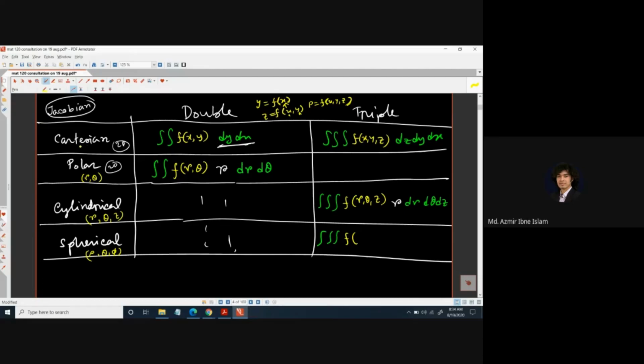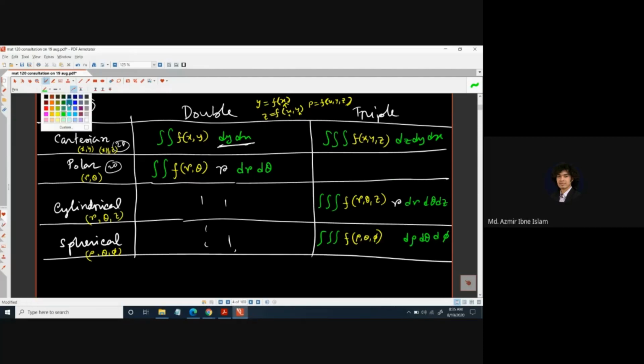And you know that in Cartesian coordinate system, if you have two dimensions, then x comma y is the representation for a point, and similarly x comma y comma z for a point in three dimensions. Since you have spherical coordinate system here, it will be rho theta and phi. So f of rho theta phi with d rho d theta d phi.